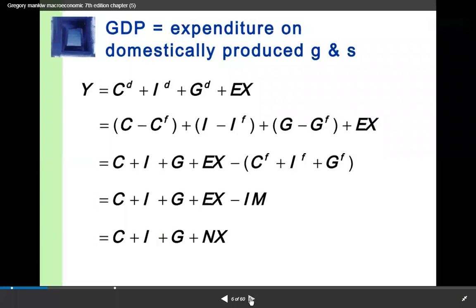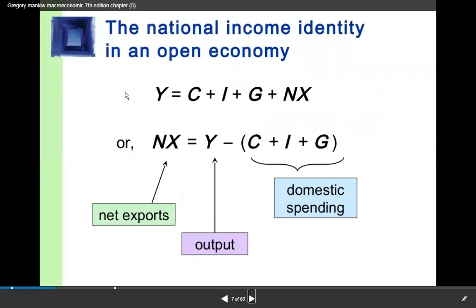Now we are going to next. Now we solve for net export. This equation already we have done. Now we will solve this equation for net export. Net export को बेटा आप इस प्लेस पर रखें. C plus I plus G इसको आप लेफ्ट शिफ्ट करें. Y minus C minus I minus G is equal to net export.